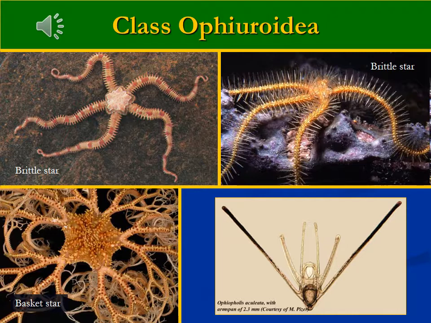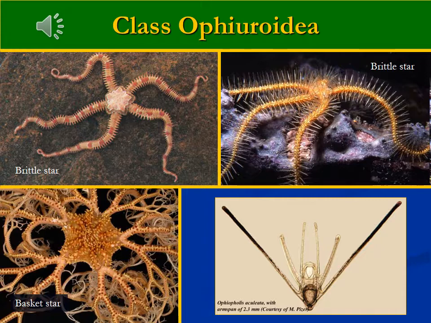So Ophiuroidea consists of brittle stars and basket stars, and in the brittle stars the arms again are snake-like, but if you contrast that with the basket star down below here, you can see that the arms branch repeatedly. In both of these cases, the arms are used for locomotion almost exclusively, and for feeding, sweeping through the substrate and collecting debris and moving it to the mouth on the lower surface.